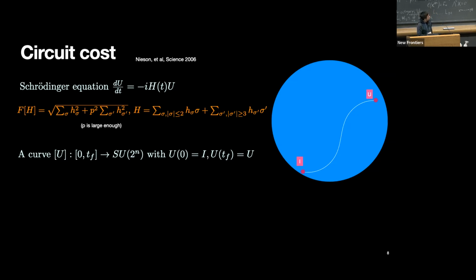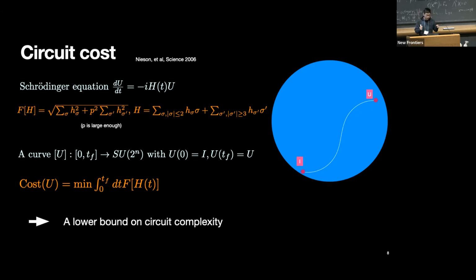And for each curve from identity to the target unitary, we can define the cost function for this curve. And the circuit cost is just defined as the minimization of all the costs over all the curves. So this is just the geodesic distance from the identity to the unitary according to this metric F_H.